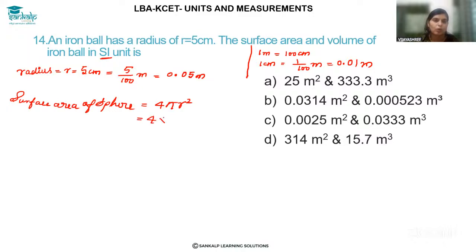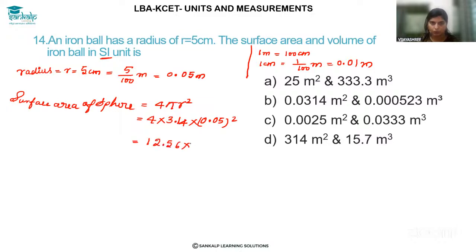Which is equal to 4 into pi, that is 3.142, or let us take 3.14, we will consider only two digits, into r square, that is 0.05 the whole square.